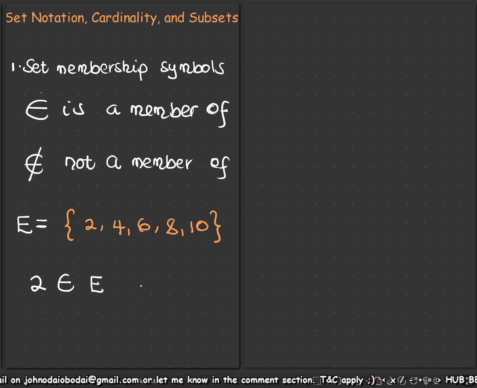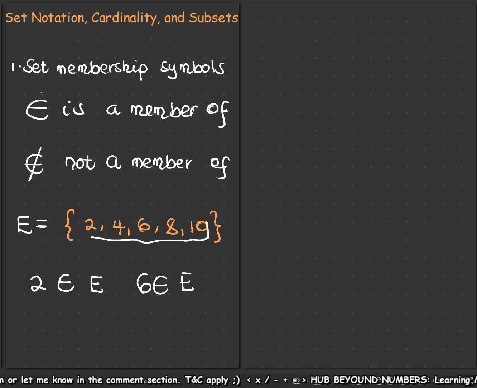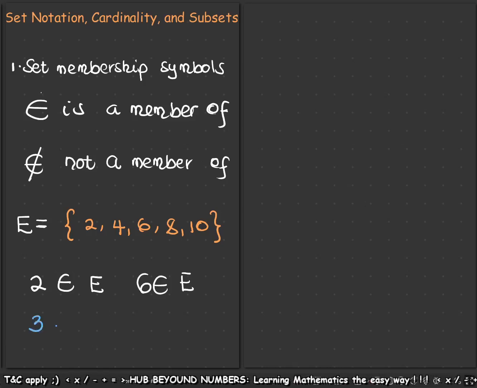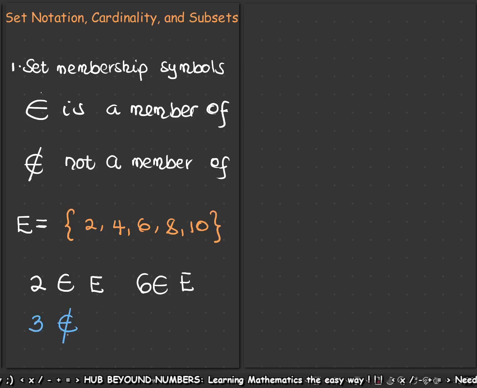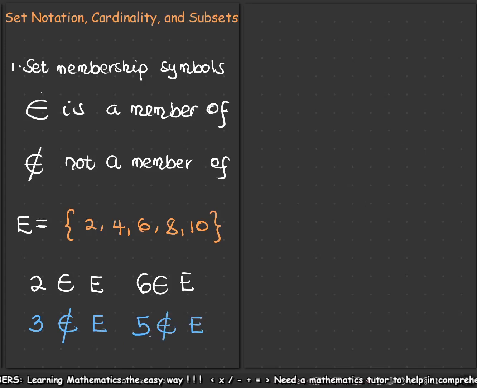The same way, we can also say 6 is an element of set E. All the elements that we see here are elements of set E. But if you take any other number, such as 3, then we say 3 is not an element of set E. Likewise, 5 is not an element of set E.